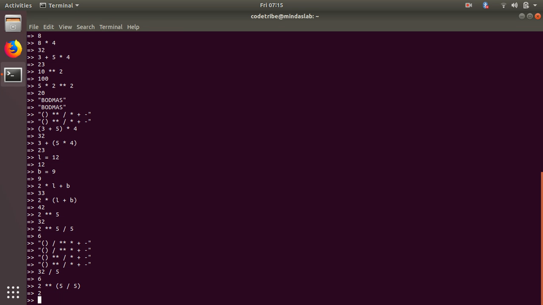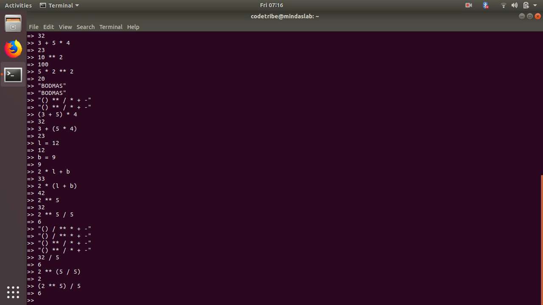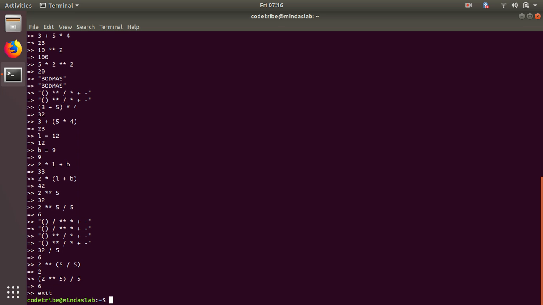Even though you know that raised to the power of is operated upon first, and even others might know, it's better to put brackets like this, if you want to calculate 2 raised to the power of 5 and then that divided by 5. That differentiates between an ordinary programmer and a better programmer. Anyway, I hope you enjoyed this video, and thanks for watching.